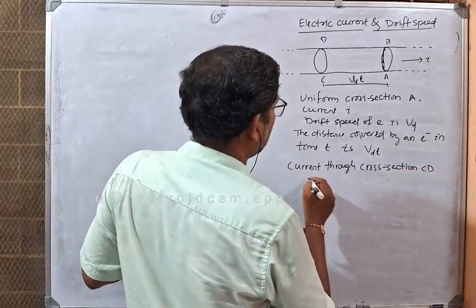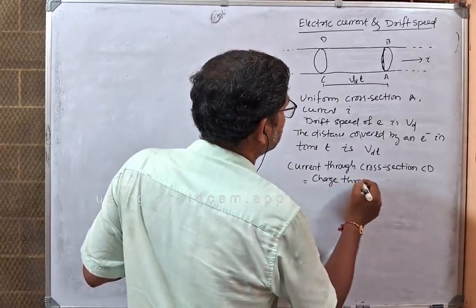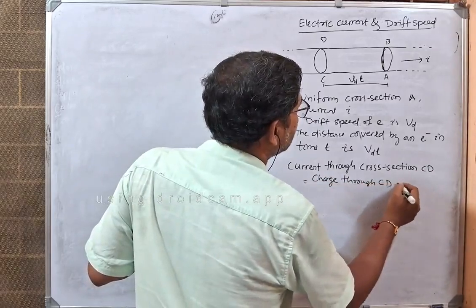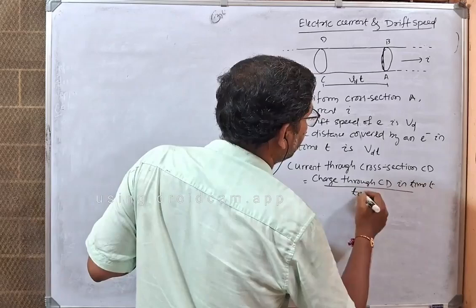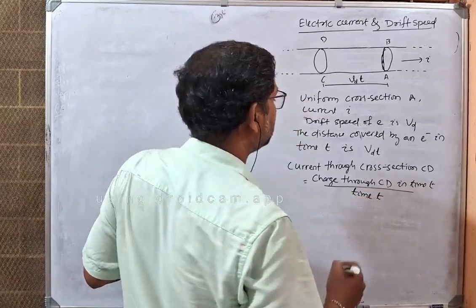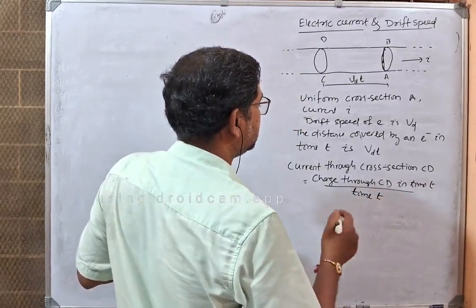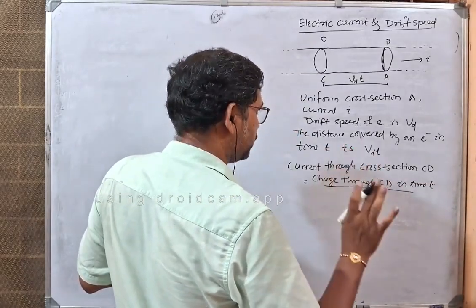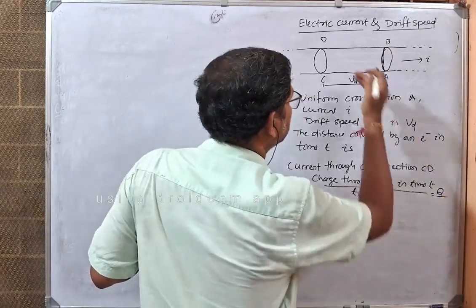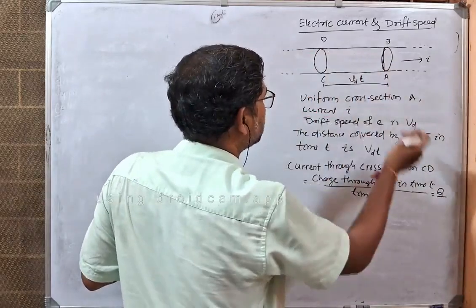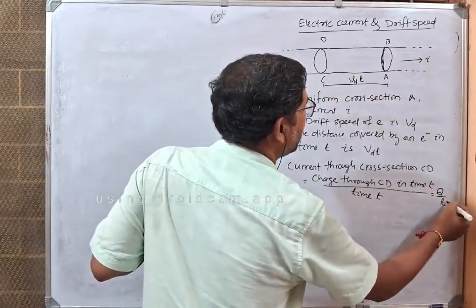Current means charge through CD in time t divided by time t. If charge q flows through the section CD in time t, then q by t is the current.